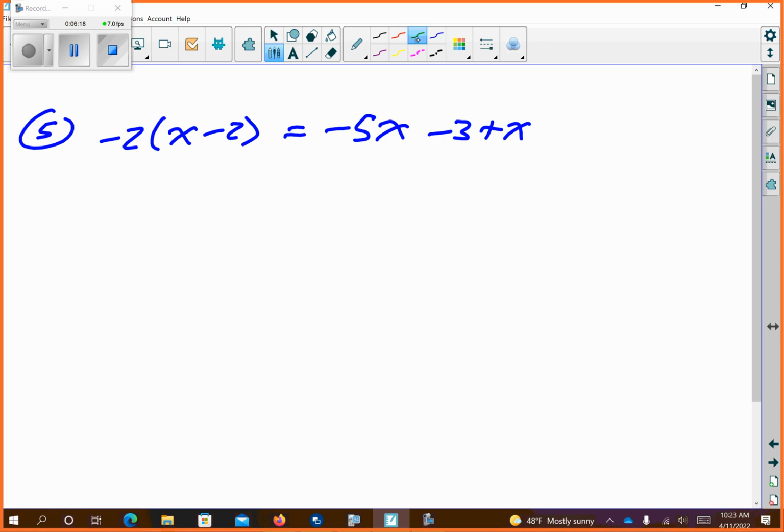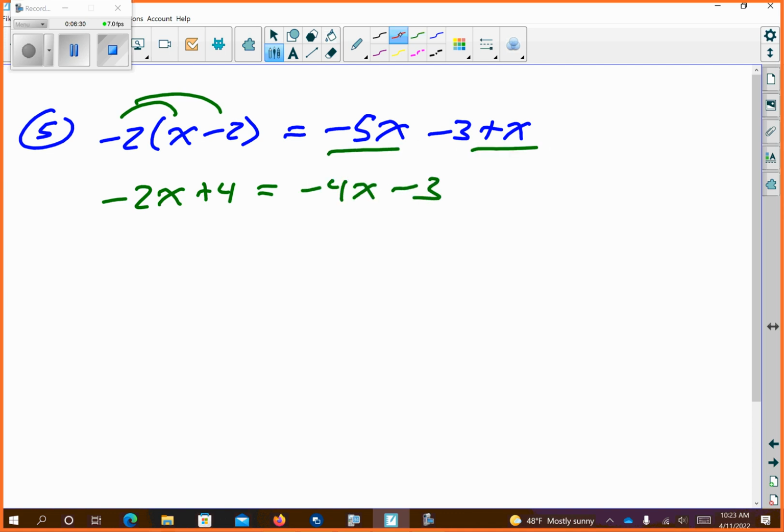Okay, so this one is just linear. So I'm going to distribute here. And then I'm going to combine my like terms here. And then I just need to get x by itself. So I'm going to add 4x to both sides. And then I'm going to subtract 4 from both sides. So that cancels and that cancels.